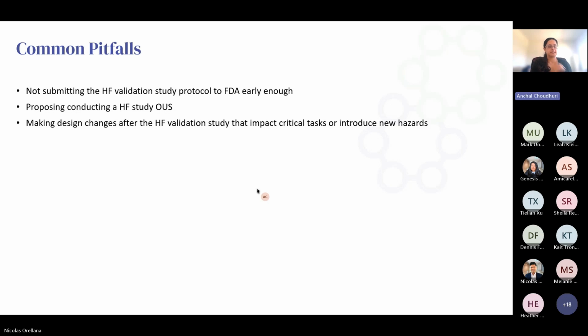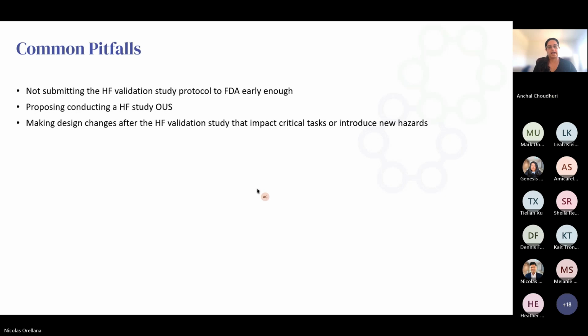Another common thing that we see is design changes that are made after the human factors validation study is complete. If the changes impact a critical task or could potentially introduce a new hazard, FDA is going to come back and say, well, now you need a new validation study.